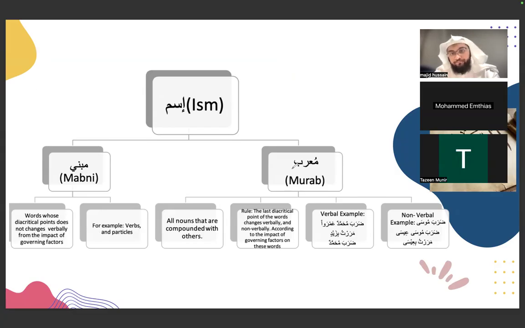Mabni and mu'arab. Mu'arab, what does it mean? It means all those nouns whose diacritical points keep on changing within the sentences. I will have examples which will help understand better.